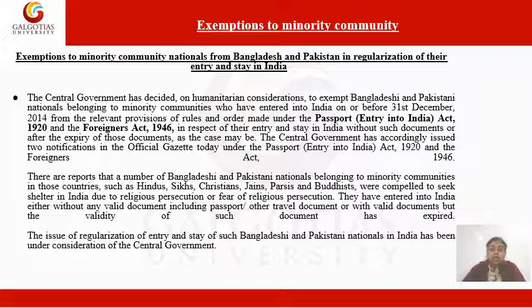Now, this is a very important and interesting point, because as I have said, in normal conditions every person is compulsorily needed to travel with proper travel documents which are issued by the government, authorized and scrutinized and then issued to a particular person while the person thinks of traveling.